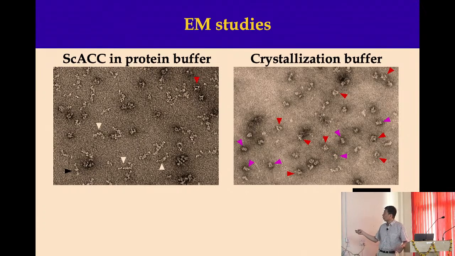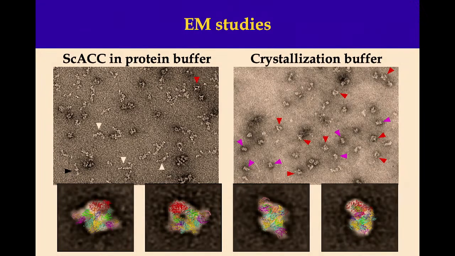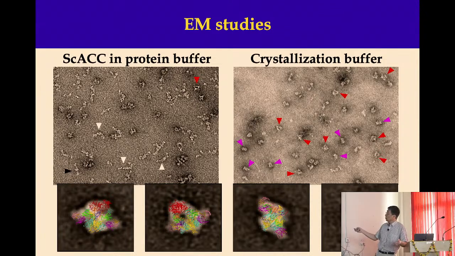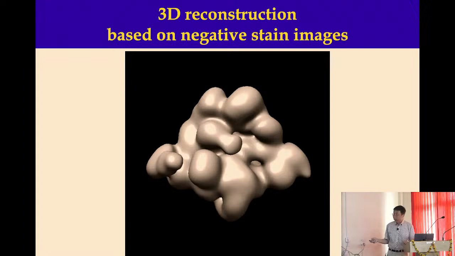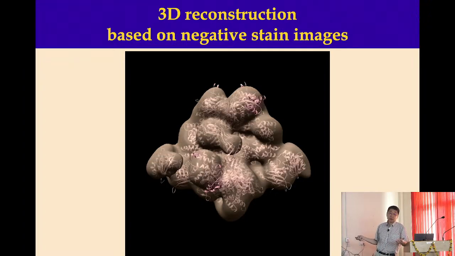Anyway, using this negative stain image, you can do 2D classification, get 2D classes, and then you can easily dock in the shape of the overall holoenzyme. In addition, we took one step further using these native stain images. We created a 3D reconstruction at about 8 angstrom resolution, blobs.